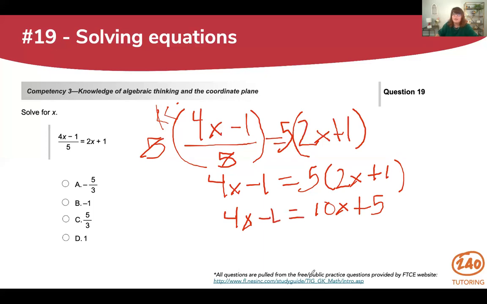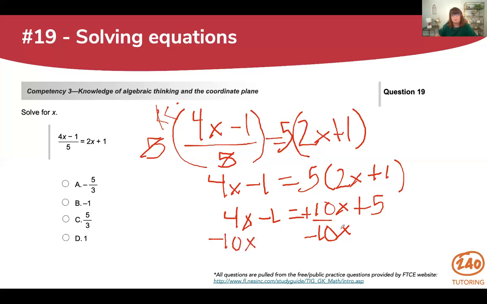All right. Now, what I'm going to do is try to get those x's on the same side. I've got a positive 10x. I'm sorry, I was worried about this mouse not cooperating. I have a positive 10x. So if I have a positive 10x, I can subtract 10x from both sides.